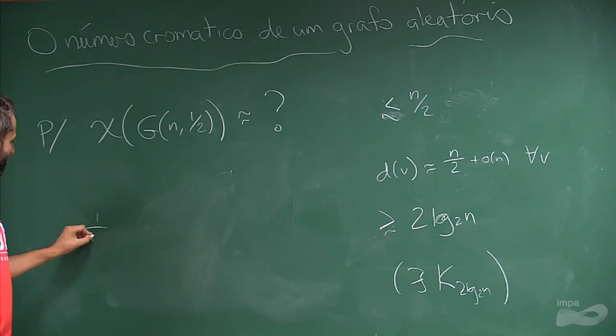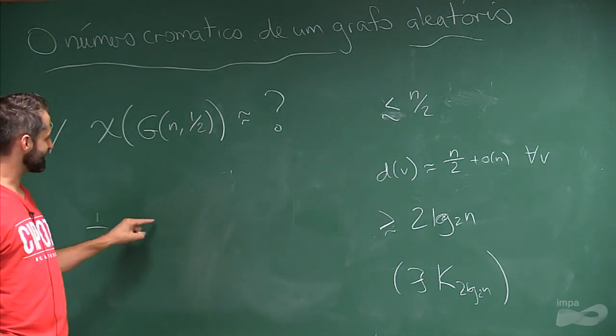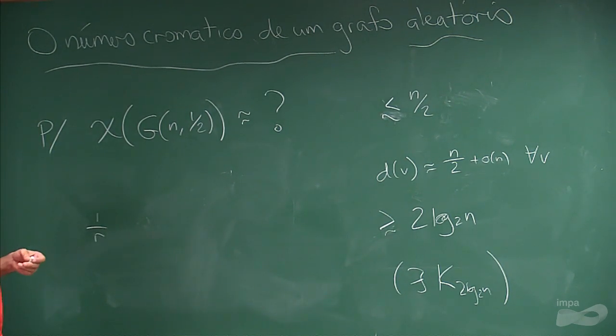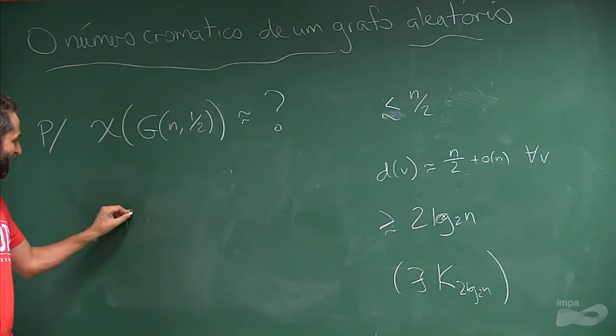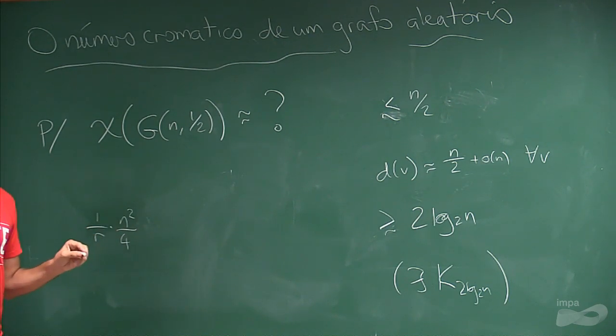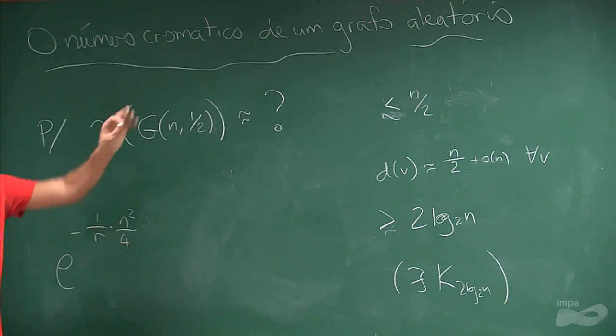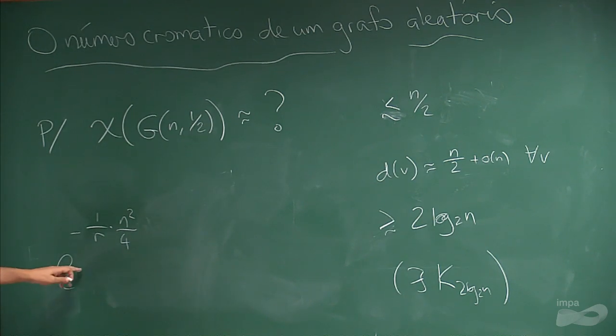This is 1 over R. Whatever color this is, the other is the same. So the expected number of monochromatic edges should be this times about n squared over 4. So maybe the probability of having no monochromatic edge is like e to the minus this, by this kind of idea.